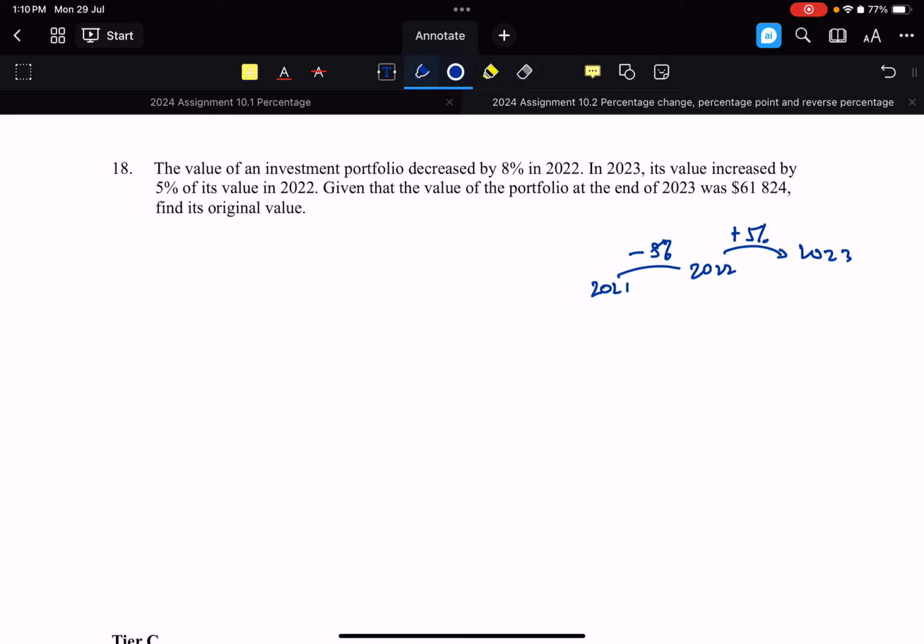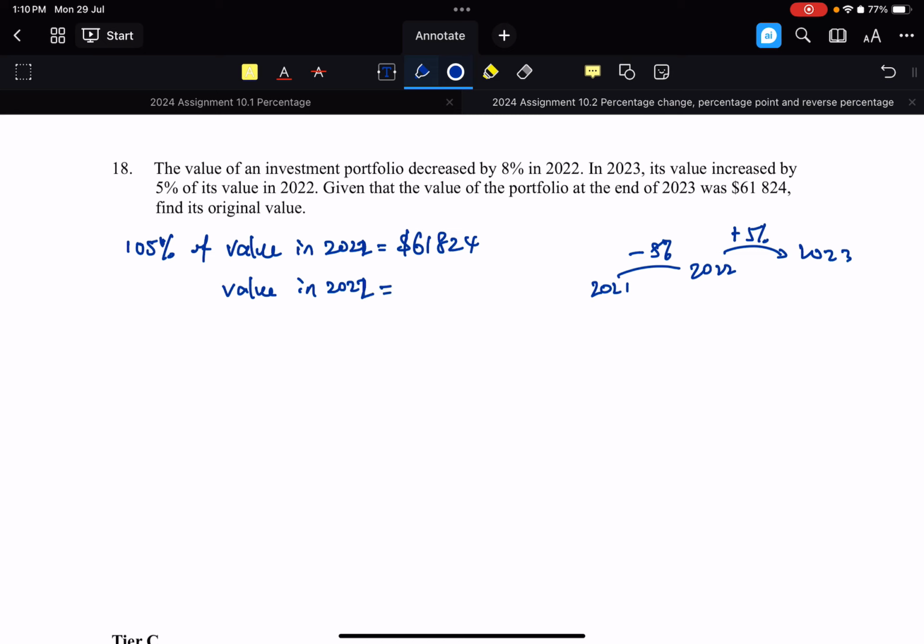So plus 5, 100 plus 5 is 105, so 105% of the value in 2022. This is actually the value in 2023, so this is 61,824. So the value in 2022.